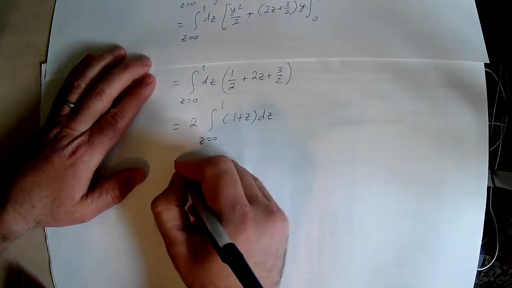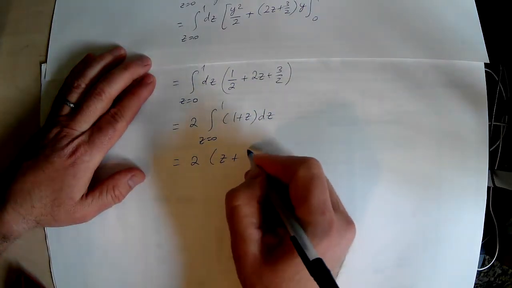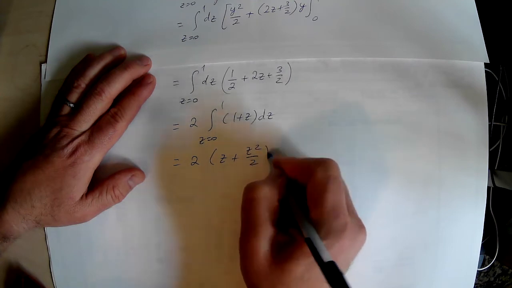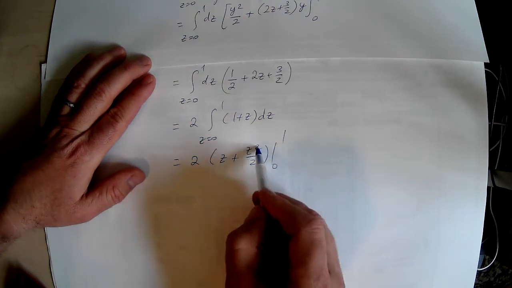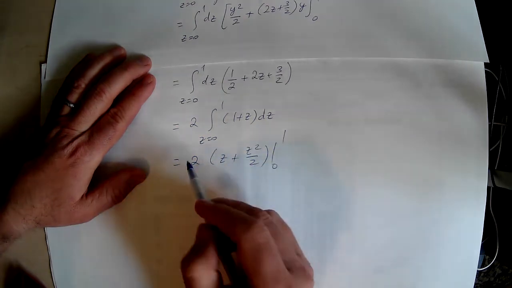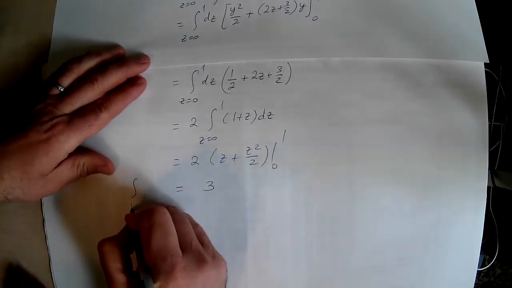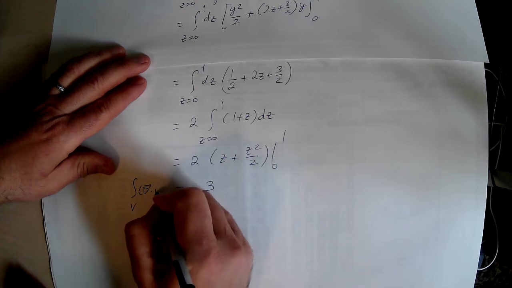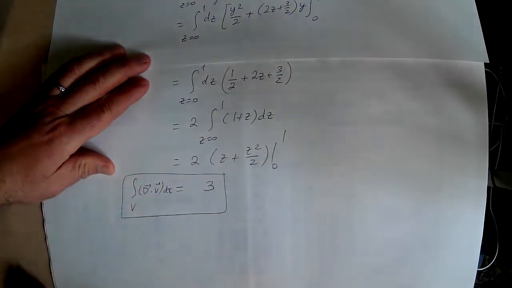Okay, let's do the final integral: z plus z squared over 2, evaluated at 0 and 1. This is 1 plus 1/2, which is 3/2 multiplied by 2. I should get 3. So that's the left-hand side. Divergence of v d tau equals 3.